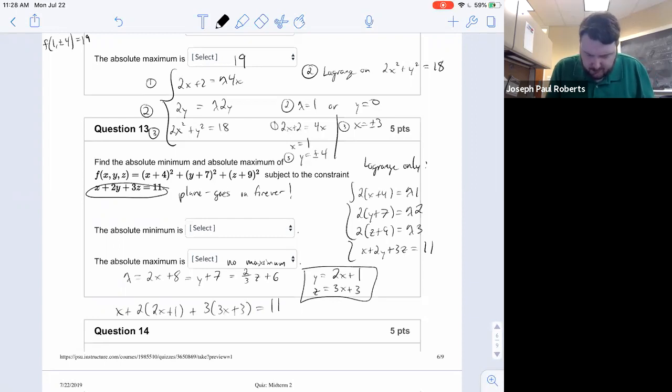So 5x, so 14x plus 2 plus 9. Am I doing this right? I don't remember what the answer is. So yeah, 5x plus 9x? Yeah, it seems right. And then 2 plus, yeah, so I guess x is 0 because we get 11 equals 11. So then y is 1 and z is 3.